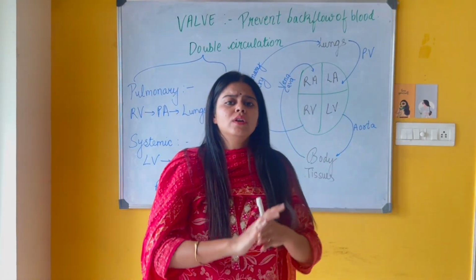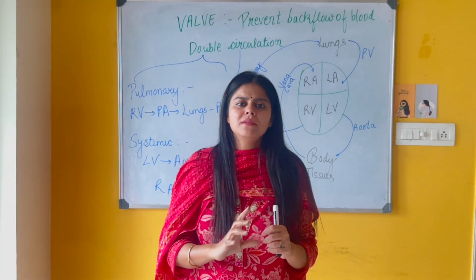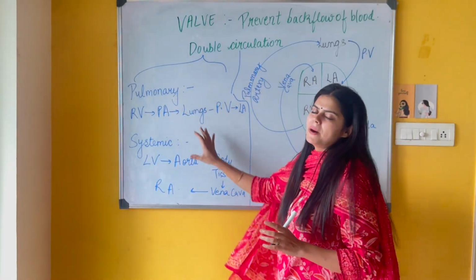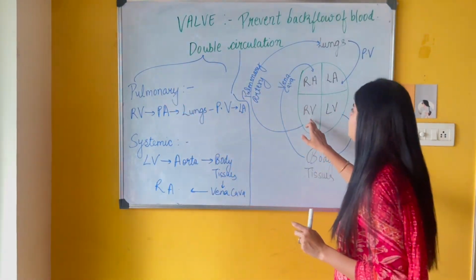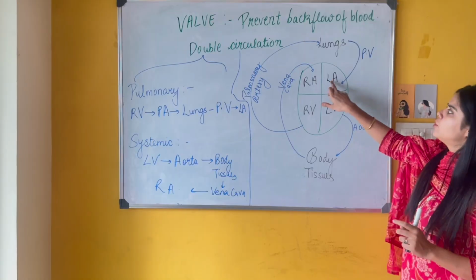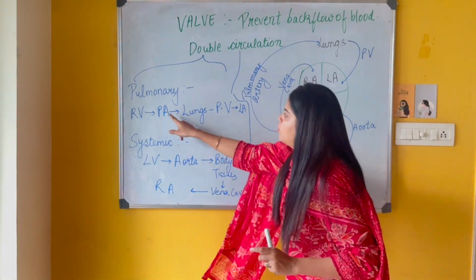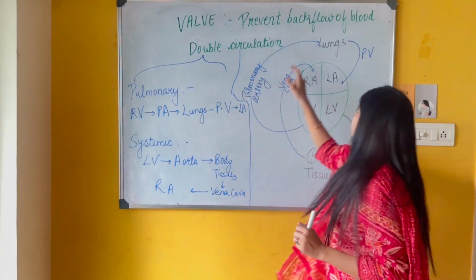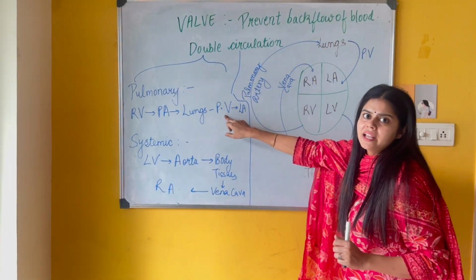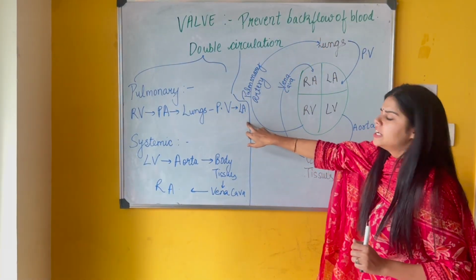If they ask you to explain the entire double circulation, make this diagram, write down this pathway. In pulmonary circulation, right ventricle to left auricle. From right ventricle to pulmonary artery to lungs, lungs to pulmonary vein, and finally in left auricle.